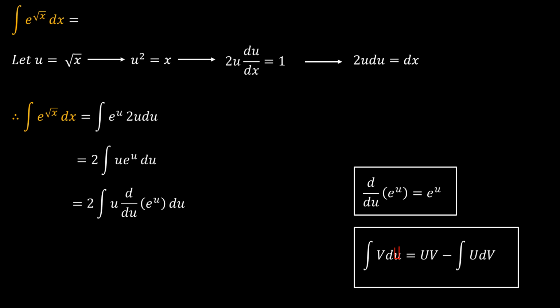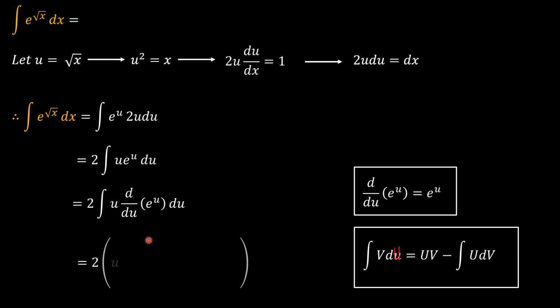If we have a product of v and the derivative of capital U, then the answer is the product of U and v minus the integral of the product of capital U and the derivative of v.